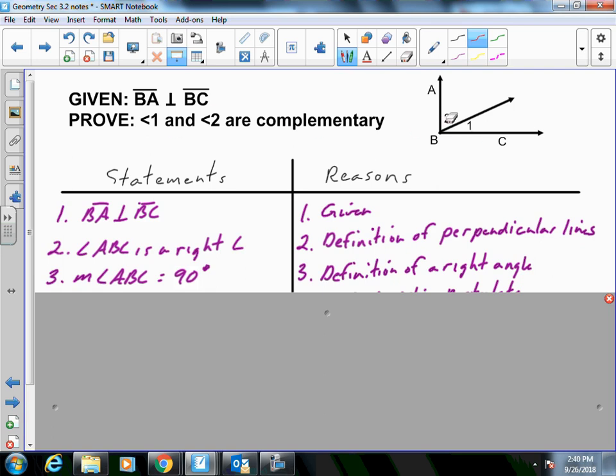We're trying to prove that 1 and 2 are complementary. So what we have to prove is that 1 and 2 added together are going to equal 90 degrees, right? So if I look at the picture, ABC is actually made up of angle 1 and angle 2, right?